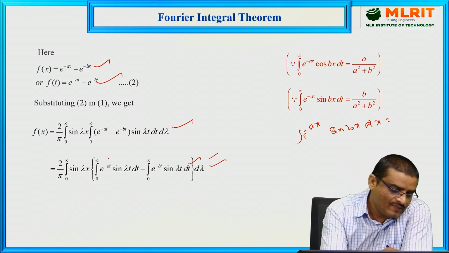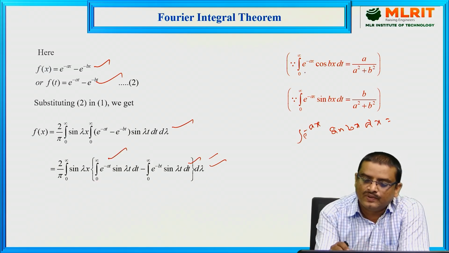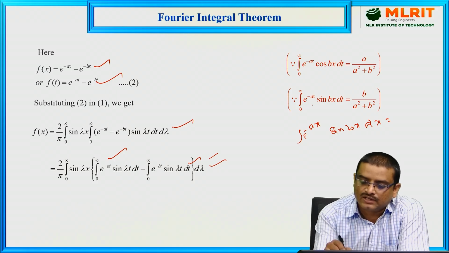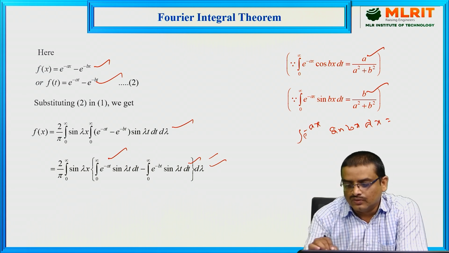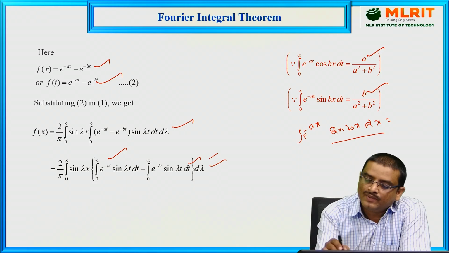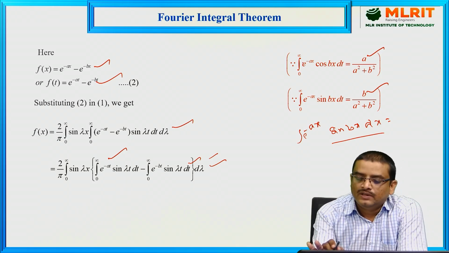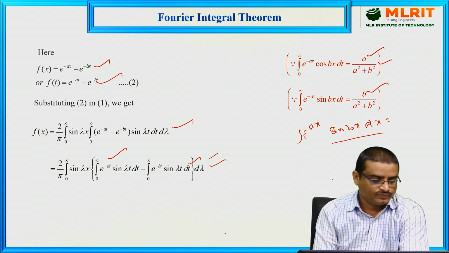Whenever the limits are 0 to infinity and the function is in the form of e power minus ax into sine bx or cos bx, directly we can use these standard formulas. This formula is applicable only when the limits are 0 to infinity.